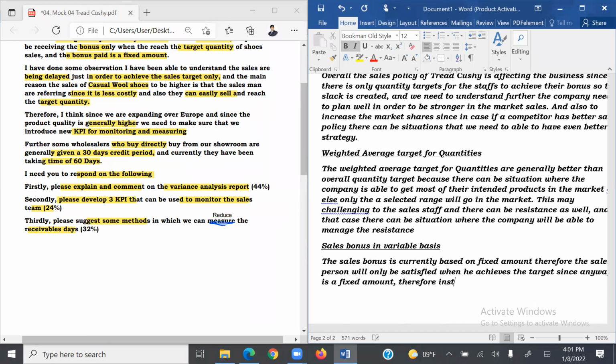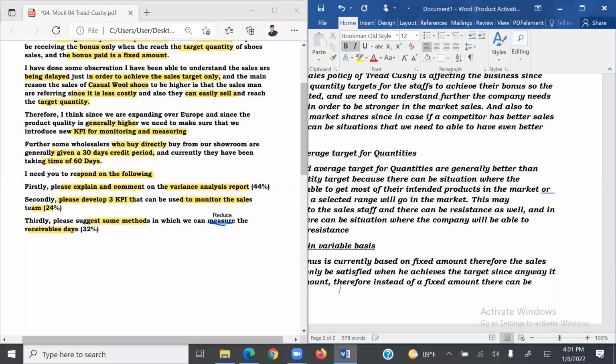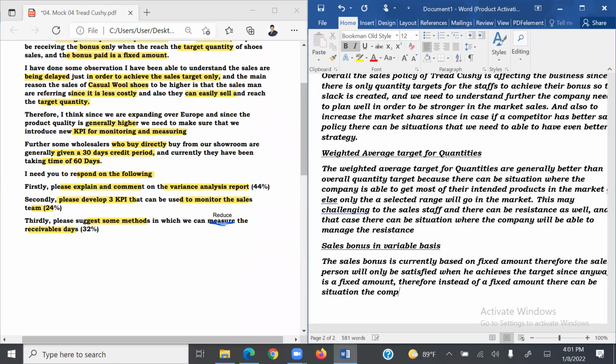Therefore, instead of a fixed amount, there can be a situation where the company will be able to generate more sales, provided that they are able to make the target variable.